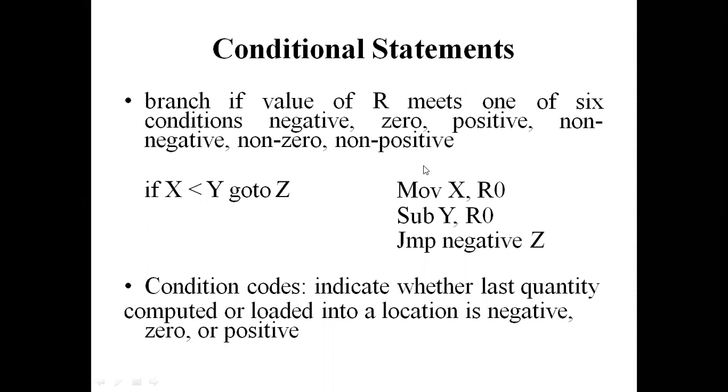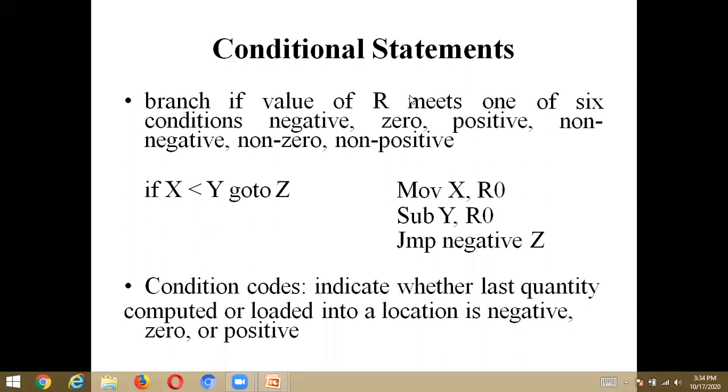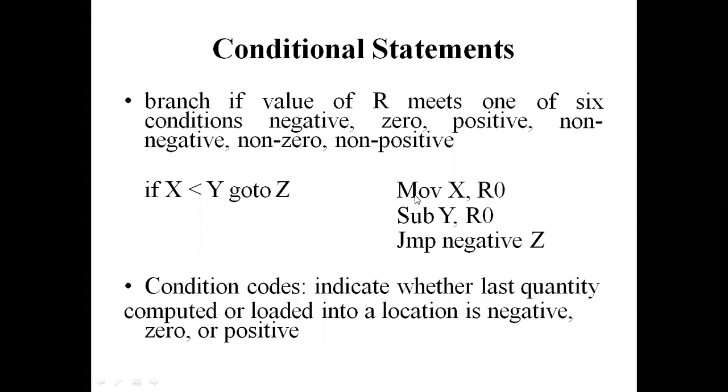If it meets any of the six conditions, then only can we make the branch. So here is how the code sequence is written: move x, subtract y, and perform the jump. Negative is one of the conditions here.